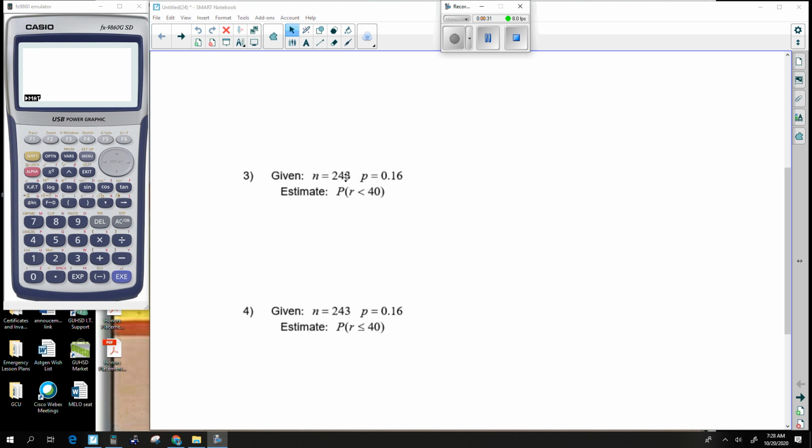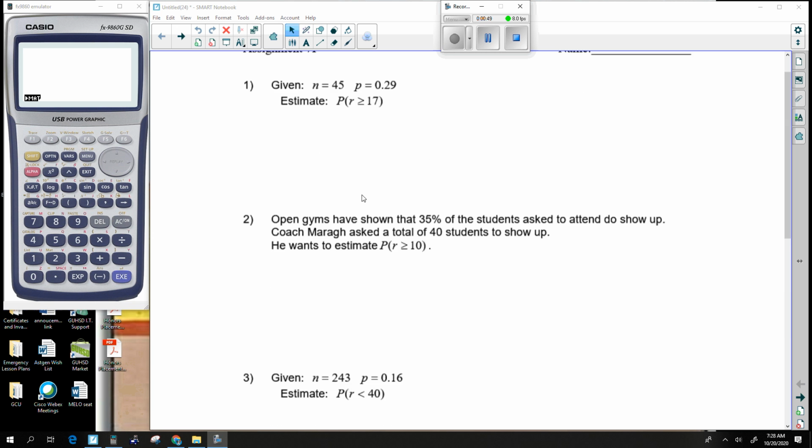Again, n represents the total number of people or total number of elements in this system, and p is the probability of success. R is very specifically the number of successes.